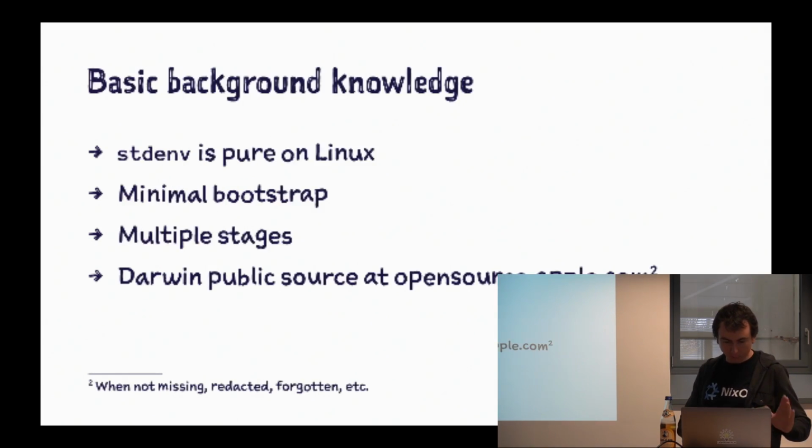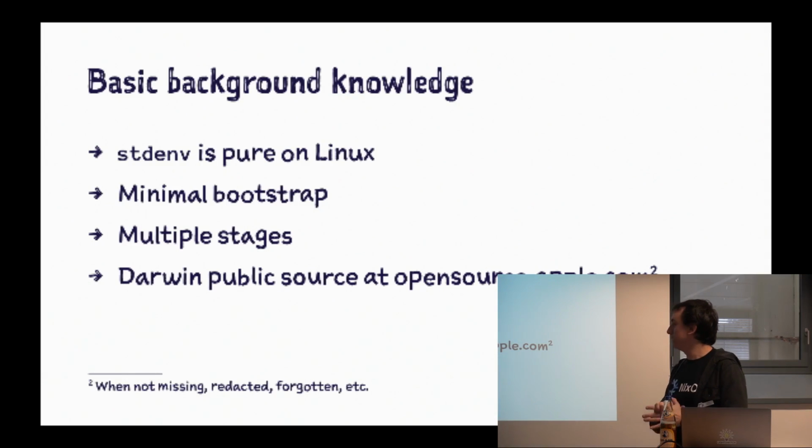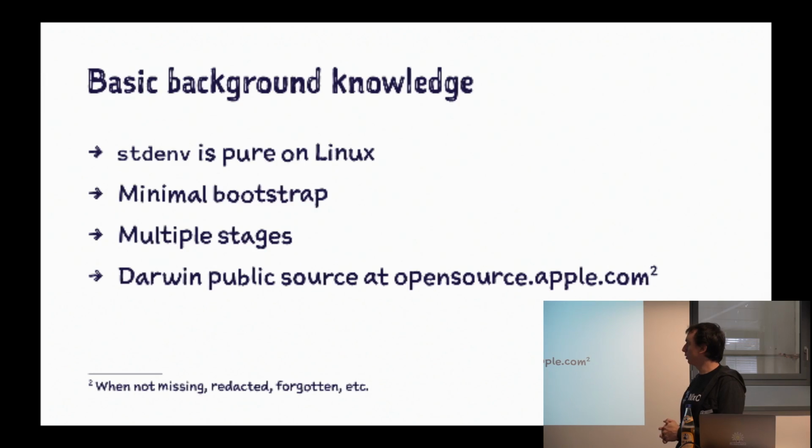So one more little piece of background is, before I actually launch into this, I'm just going to explain how Linux works and how a lot of the bootstrapping works, because with any luck, most of you haven't had to deal with it. So standard env, most of us have seen that. Most of us, I hope, haven't actually had to deal with how it is constructed.